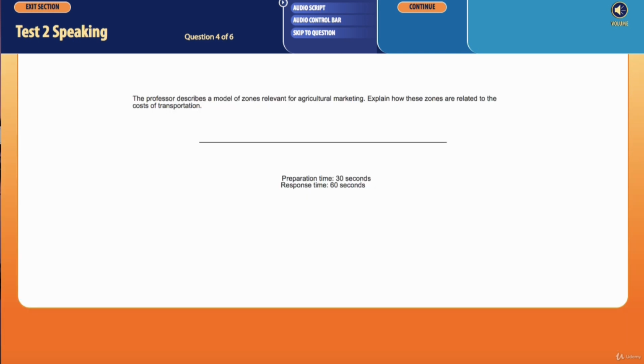The professor describes a model of zones relevant for agricultural marketing. Explain how these zones are related to the costs of transportation.